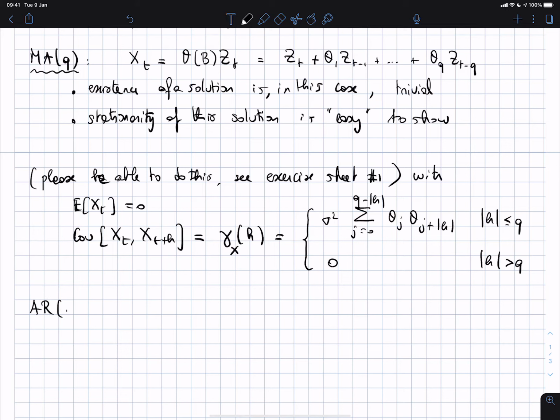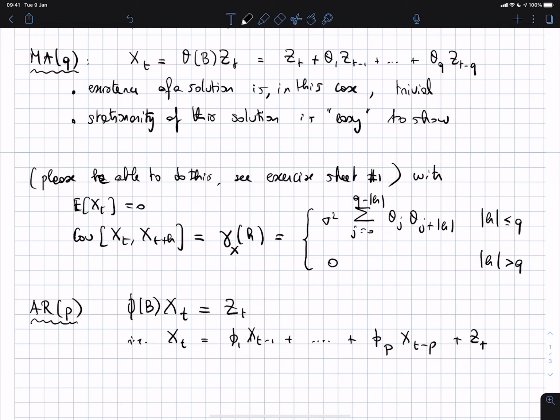The autoregressive of order p is given by this equation here. So phi of b xt is supposed to be equal to zt, which is the same as xt is phi 1 xt minus 1 plus ... plus phi p xt minus p plus zt.